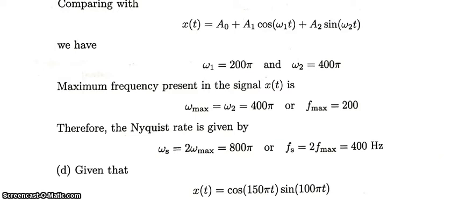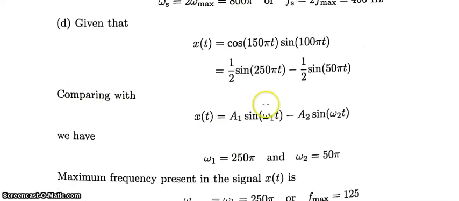Now the next question is x(t) = cos(150πt) sin(100πt). This is of the form cos A sin B, and we can expand it as 1/2 [sin(A+B) − sin(A−B)]. When we expand, we get 1/2 sin(250πt), which is A plus B, minus 1/2 sin(50πt). So ω1 is 250π and ω2 is 50π.